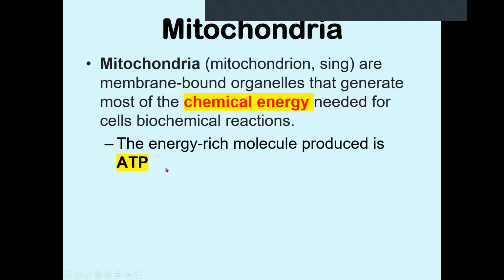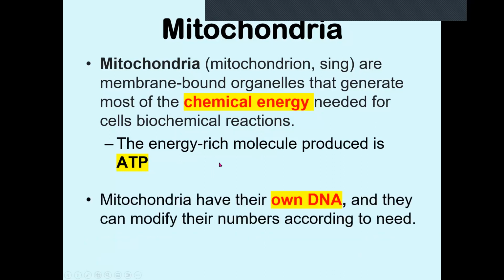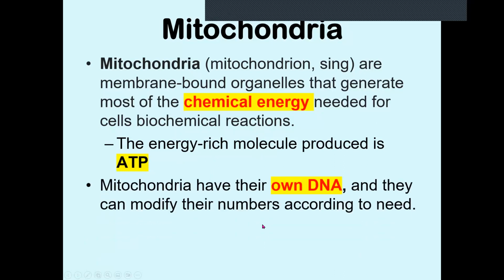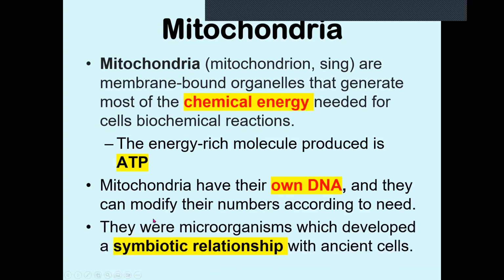And this energy molecule is called ATP, adenosine triphosphate. And the mitochondria have their own DNA, and they can also modify their numbers according to need.